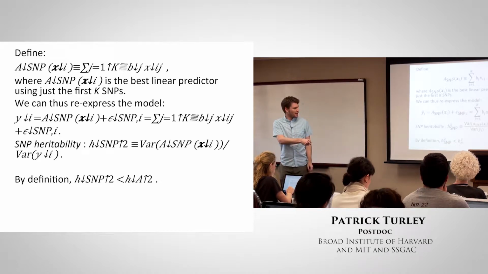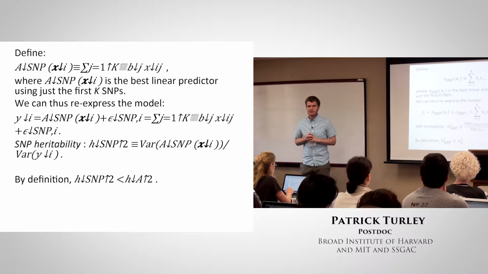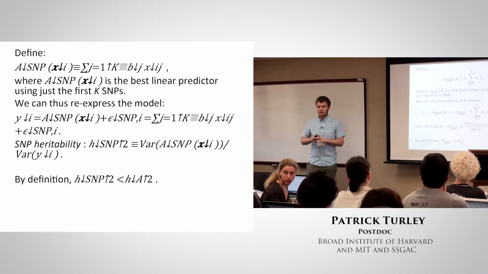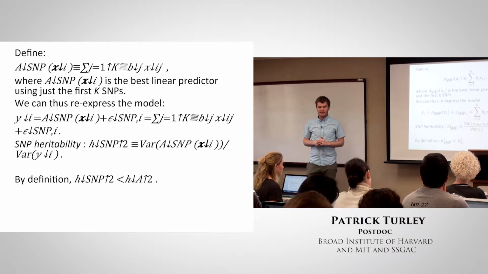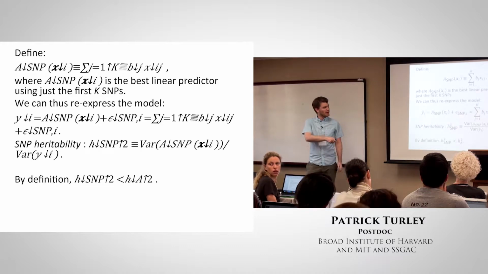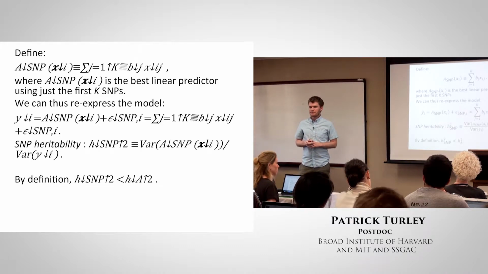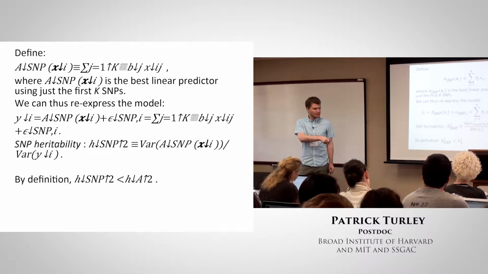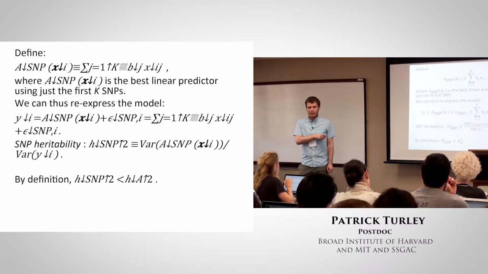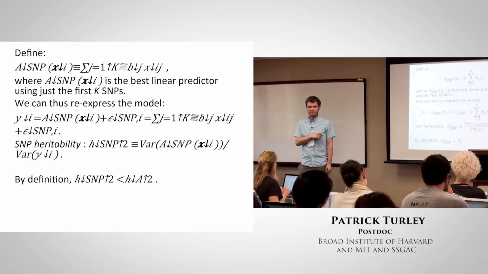And so we have this claim here that the SNP heritability is always going to be less than the heritability of all SNPs. So why is that? I just told you guys that these betas are capturing the variation of omitted SNPs, but this is still going to be less. Why will this be less?